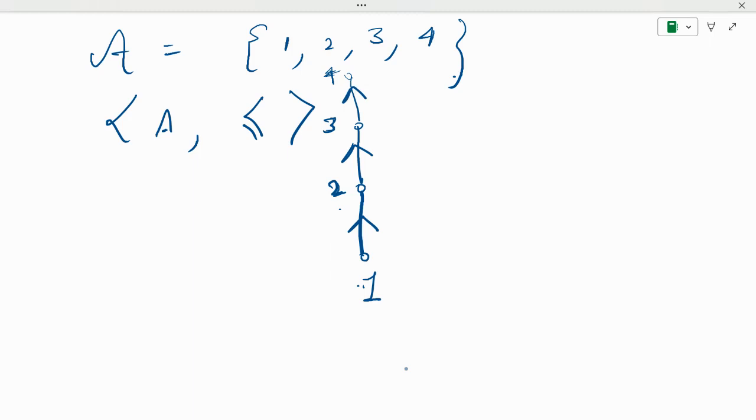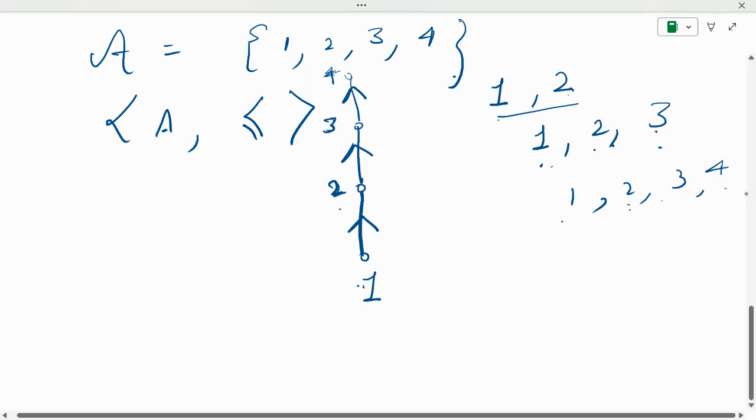So in this toset chain we can write it like this: 2 covers 1, then 3 covers 2, and 4 covers 3.